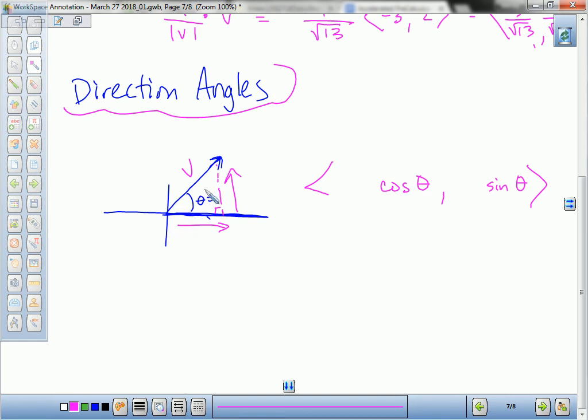But if this vector is not just one unit, then we would have to take this cosine and multiply by the magnitude. We would have to take the sine and multiply by the magnitude. So if it were just a unit vector, all we need is sine and cosine.